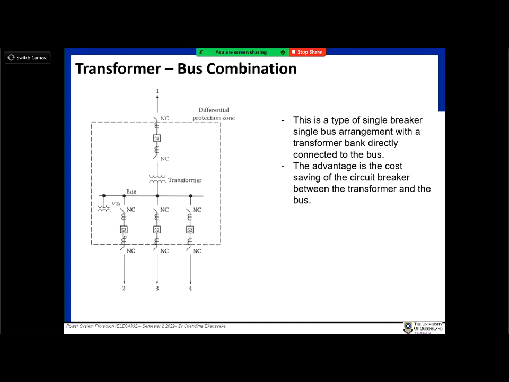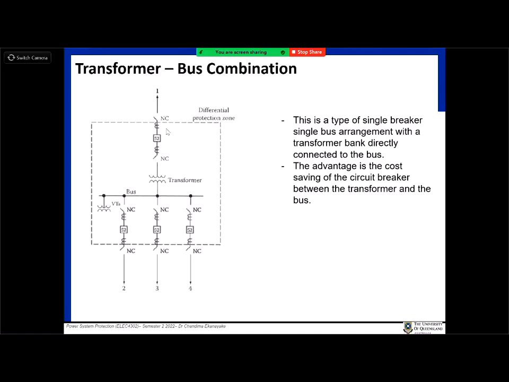We look at the current leaving in these feeders and compare it with the incoming current to that feeder before the transformer. Definitely there will be a turns ratio issue, and you need to consider those points. Say incoming might be 1000 amps, but outgoing could be 5000 amps in the real world because of the transformer ratios. So we need to consider those factors.